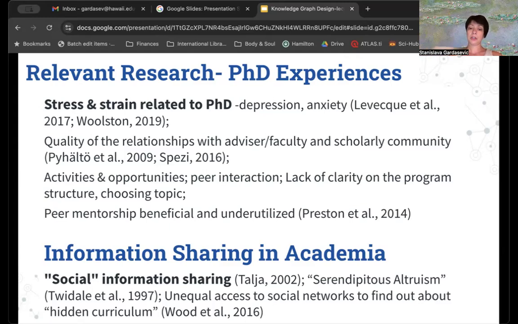Another relevant research area is around information sharing in academia. Researchers have noted that there is this culture of so-called social information sharing, or what others call serendipitous altruism. That sounds like casting a spell, but it's basically what you call here in the US water cooler talk.